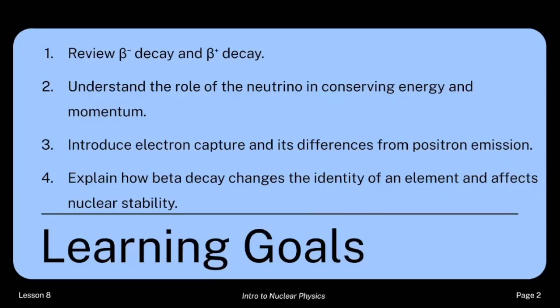Then we also introduced electron capture and we talked about the differences between it and positron emission and recognized that positron emission is just beta plus decay because the positron gets emitted. And then right at the end, we talked about beta decay changing the identity of the nucleus and therefore affecting nuclear stability.